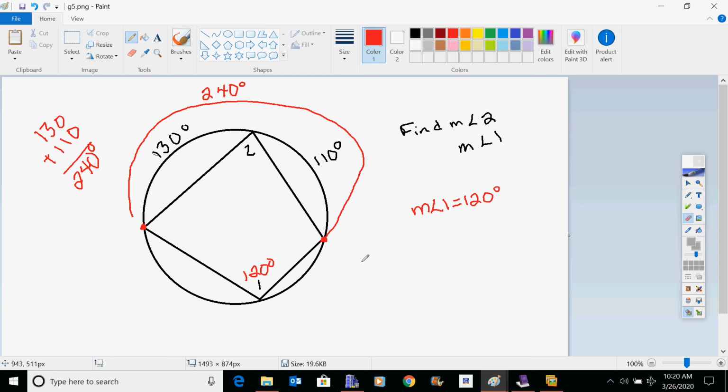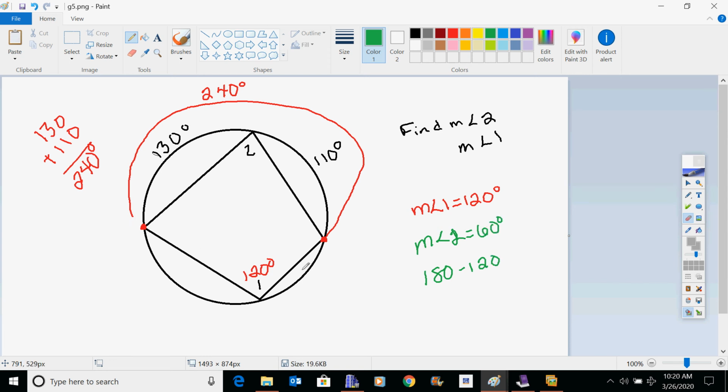And what we had learned before is that the opposite angles, when you have an inscribed quadrilateral, have to actually be supplementary. So the way that you would find the other one, the quickest and the easiest, would be to just take 180 minus 120 and get your 60 degrees.